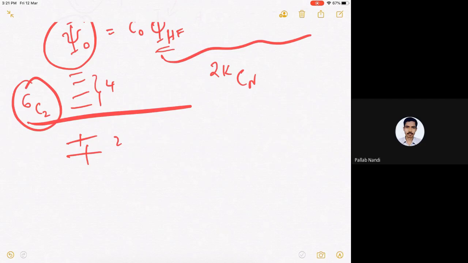They will be generated by, one is this determinant itself. Another set of determinants could be to lift one electron from here and distribute to any of these 4. You understand? Any of these 4. So there will be 4 such determinants. So one is Hartree-Fock. Then 4 determinants by lifting a spin orbital from here, or a spin orbital from here. So total will be 4 plus 4, 8. It's 2 into 4. Is it clear?